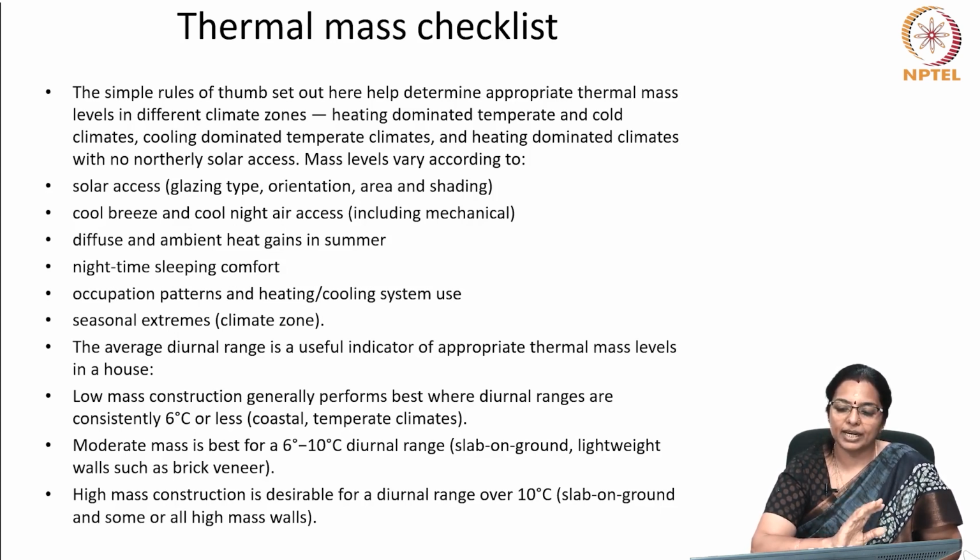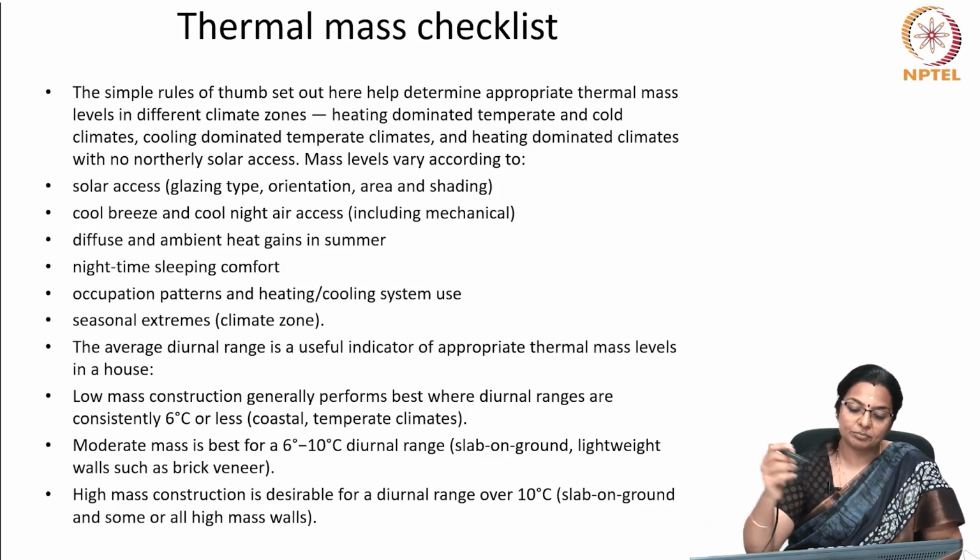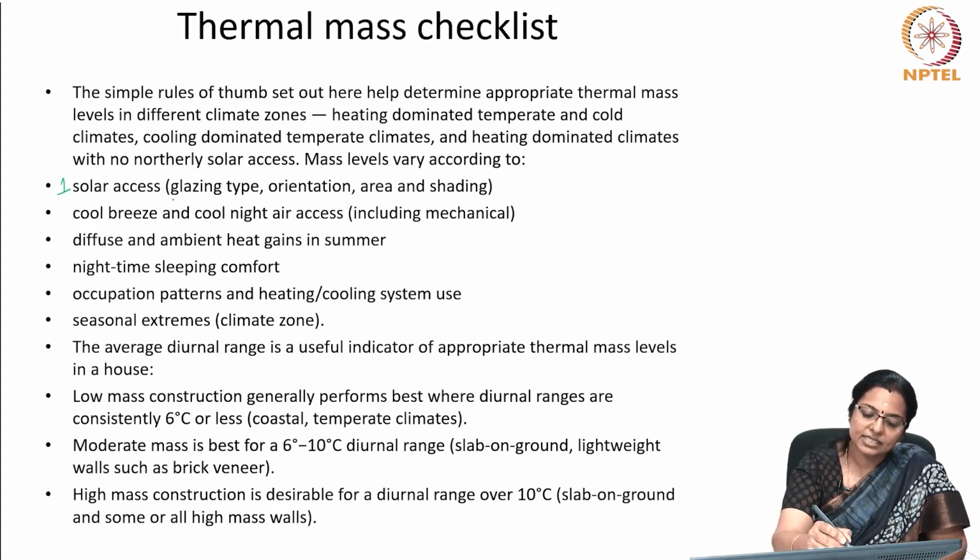Mass levels vary according to a solar axis, which has direct relationship to glazing type, building orientation, area and shading.